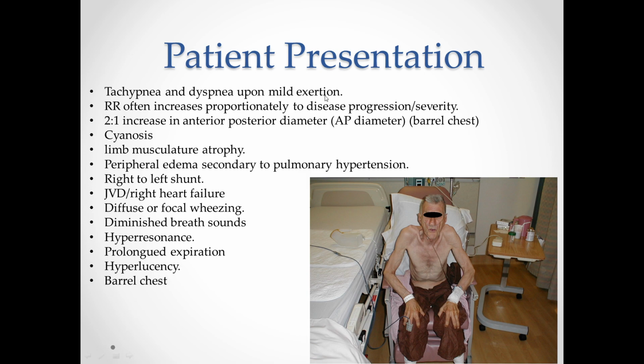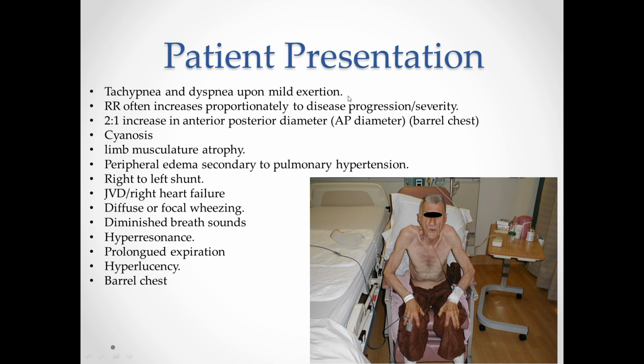And part of it's because of the airflow limitations that these people experience. They don't have what I would refer to as, quote unquote, the same cardiopulmonary reserve that a normal person has, and so they can't dip into their expiratory reserve volume as well as somebody with normal lung physiology.